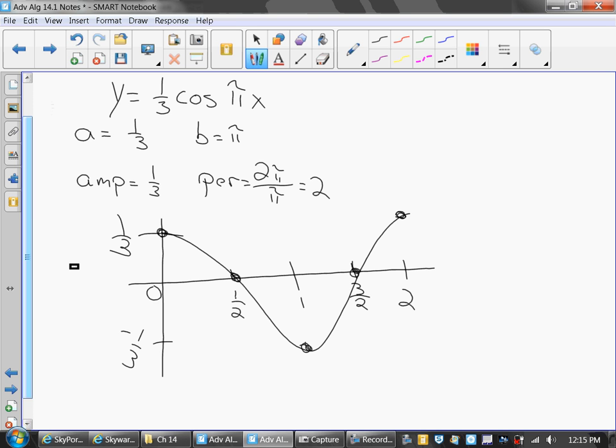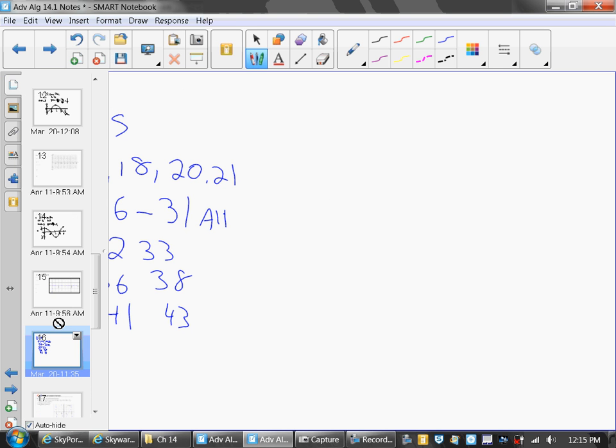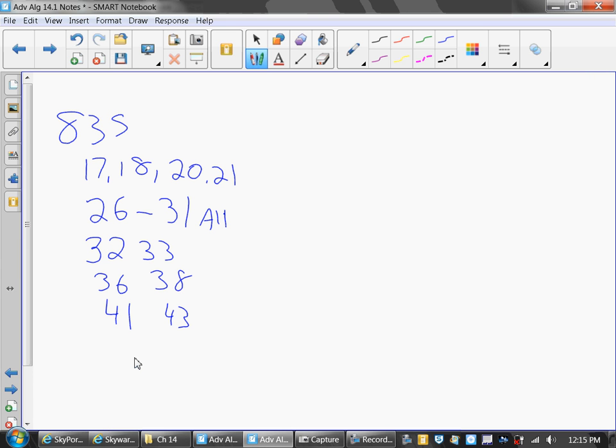Here's what I want you to start on for tonight. Now, in these sets of problems, this first group is all about identifying what your amplitude is, what your period is, things like that, matching them to a graph. These last 6 are actually graphing, okay?